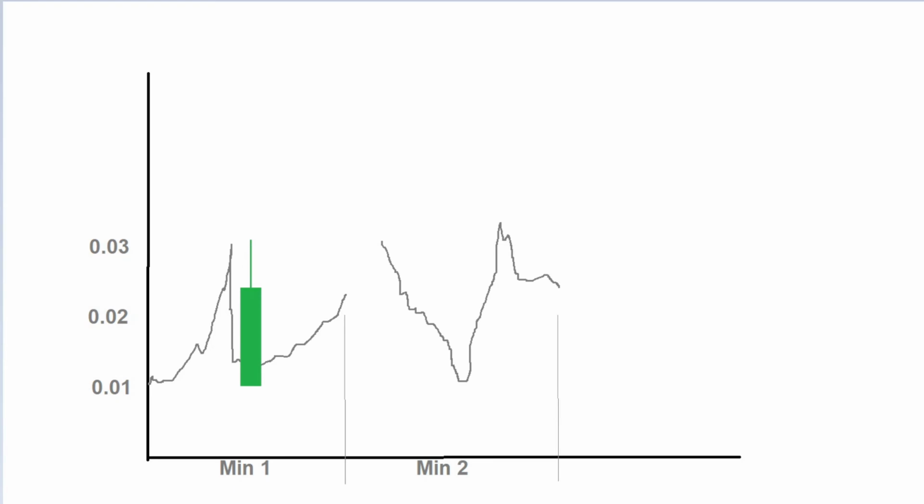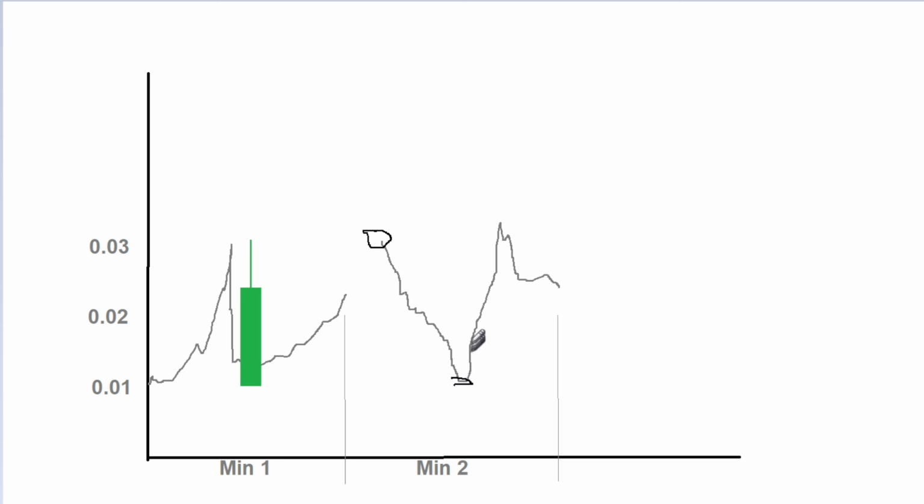Let's take a look at minute 2. It starts off at this point, the starting price at the start of the minute. The price proceeds to descend and hits bottom here, maybe a cent, and stays there for just a bit.